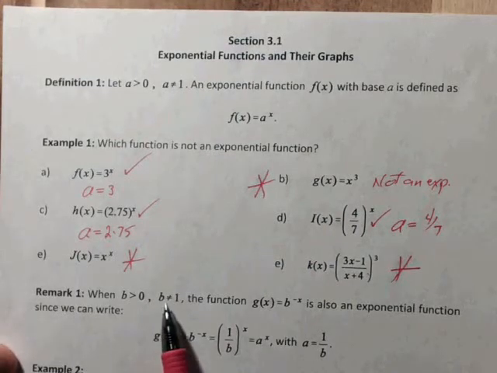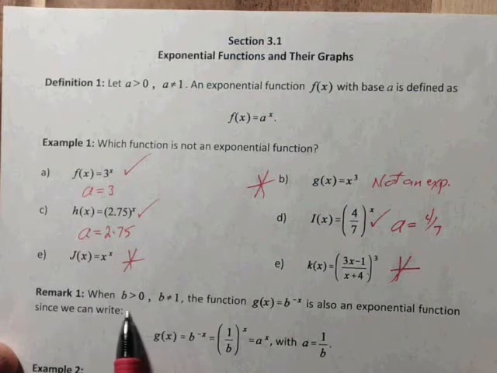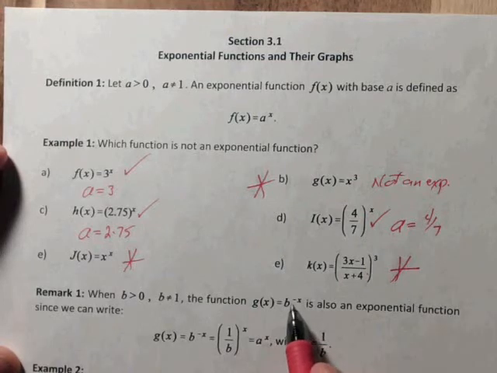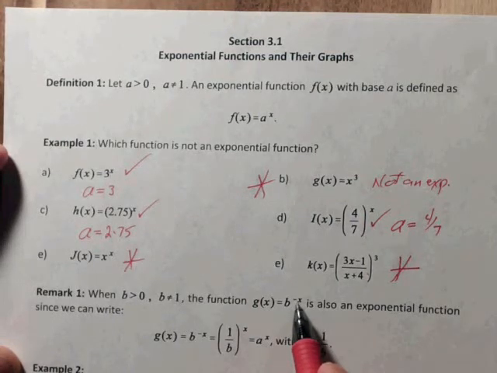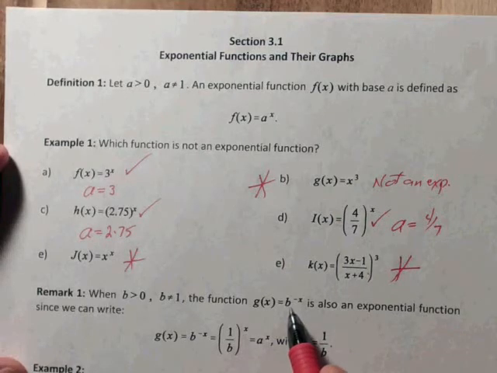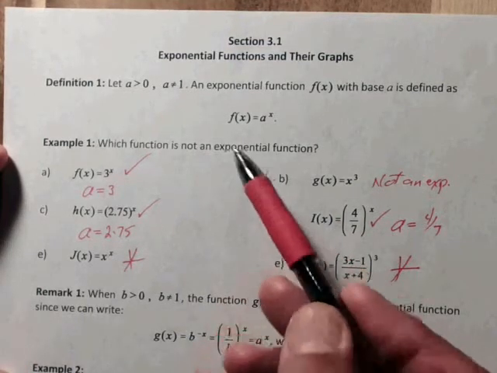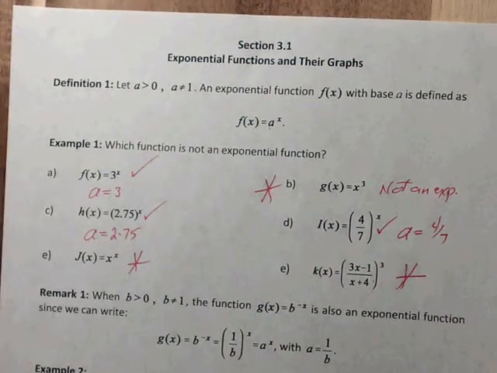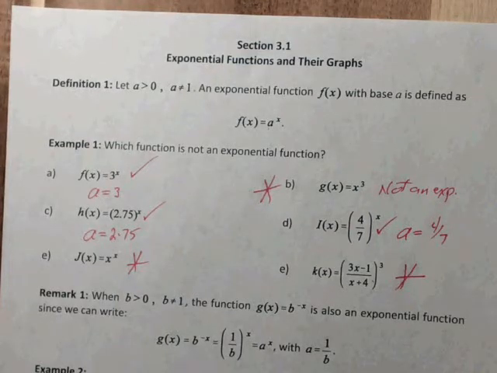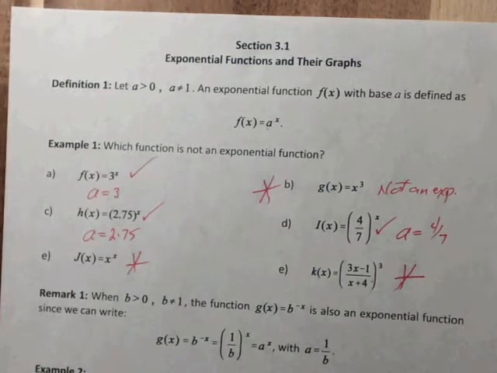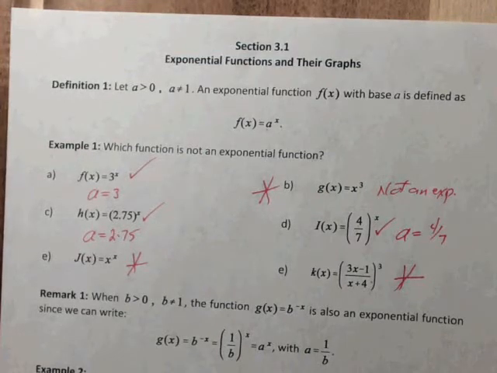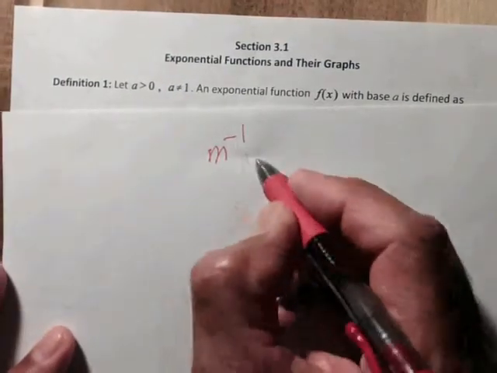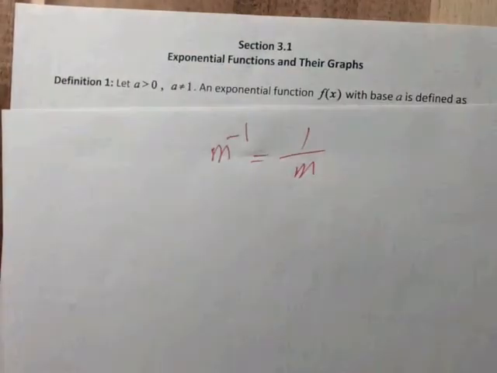Okay. If a is not equal to 1 and b is bigger than 0, then what if I put a negative for exponent right here? This is also an exponential function that can be written in terms of this exponential function. Okay, all you have to do is to use the idea that you learned in previous class, that m to power -1 is actually 1 over m. You see, we learned that.